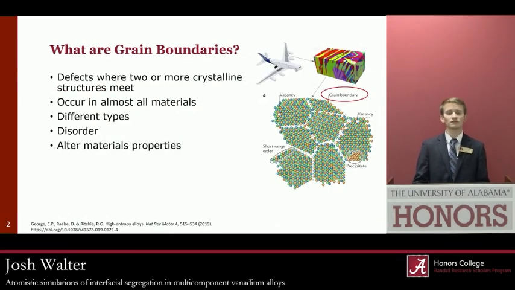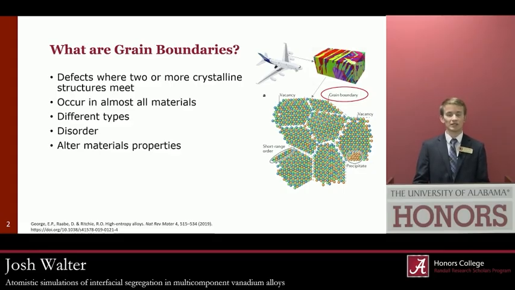So first off, a little background. Almost all metals, when they solidify, do not solidify uniformly. Different crystalline structures start forming at different points throughout the material, and eventually, as the material continues to solidify, these crystalline structures will meet up, at different angles and orientations.